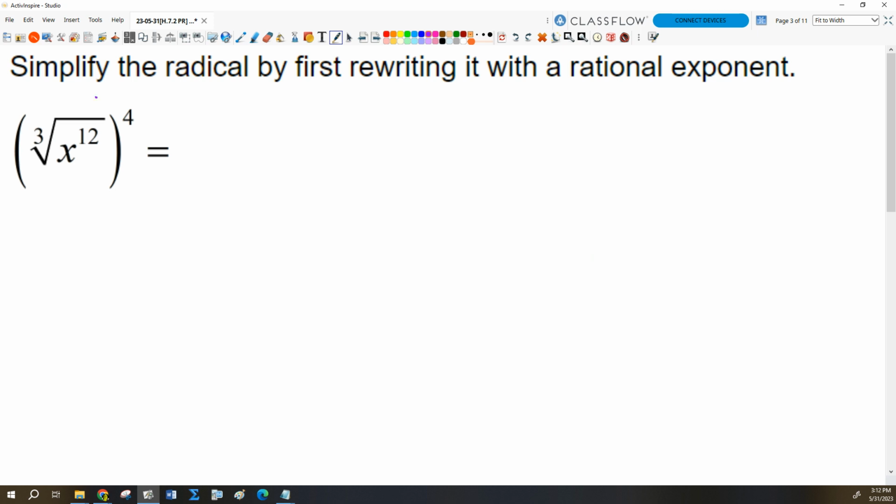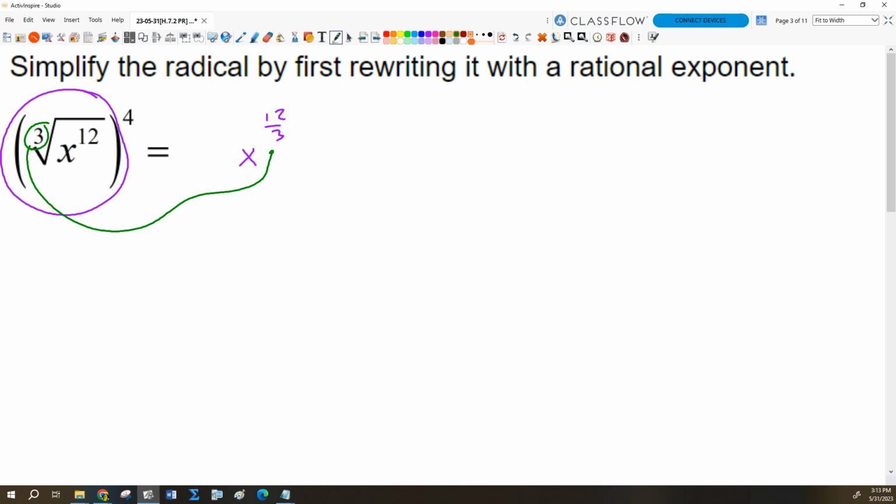Okay, so all this stuff right here that's being raised to the 4th power, what's that going to become? 12 over 3, right? You see why? Because the index of the radical becomes the denominator and the power becomes the numerator, right?